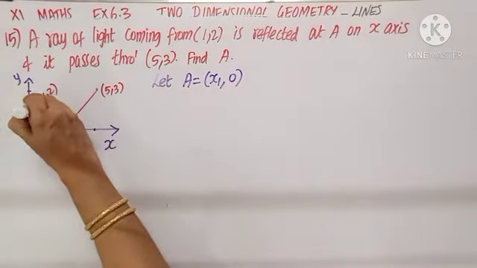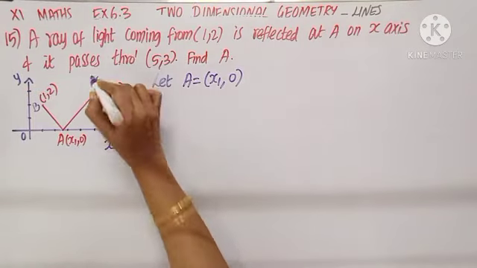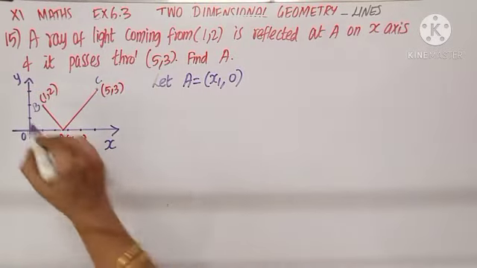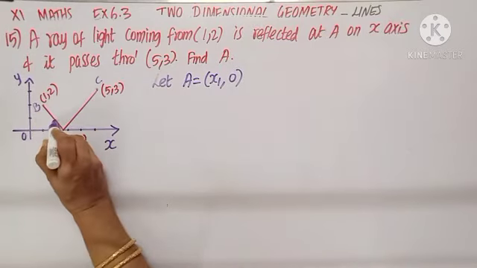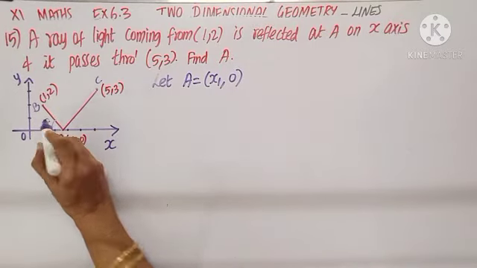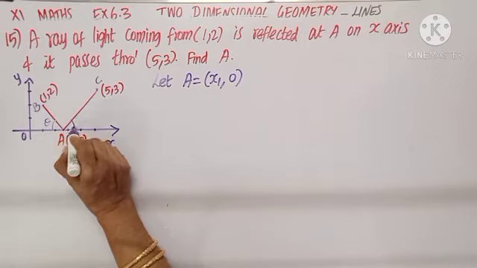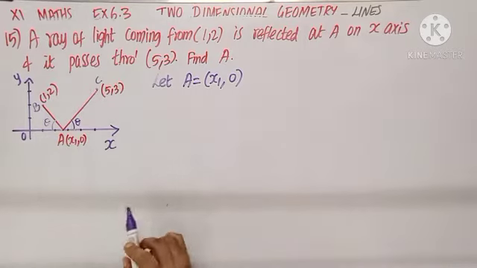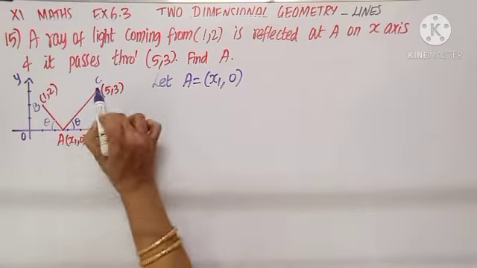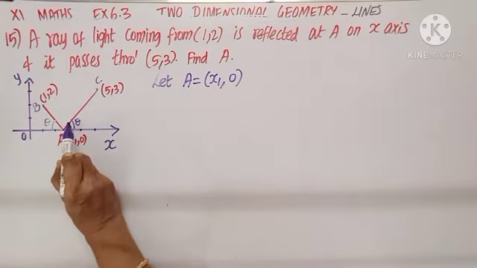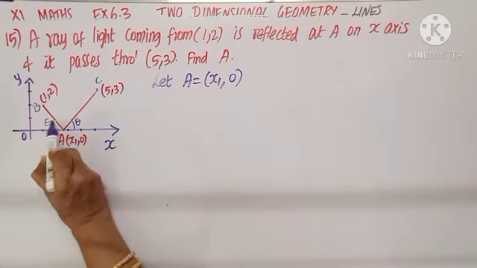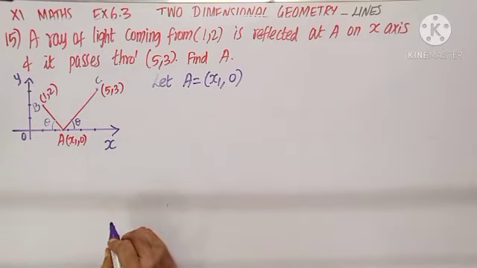Consider this point as B and this point as C. AB makes an angle theta. If AC is making an angle theta, the reflection idea tells us if this angle is theta, then this angle is also theta.